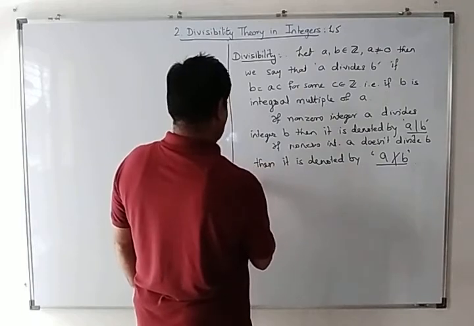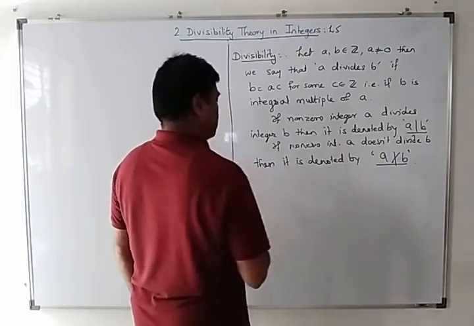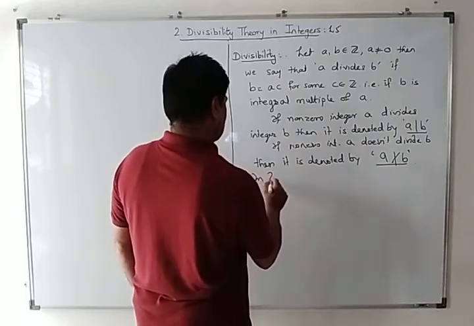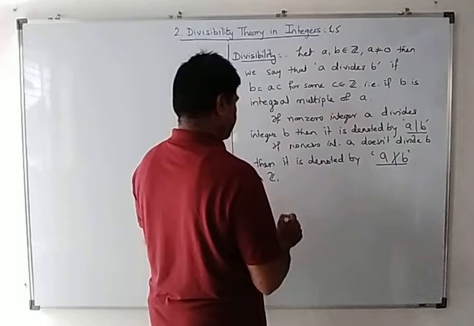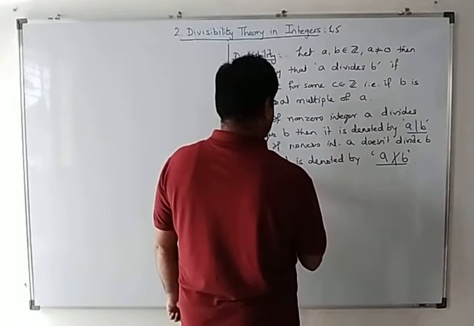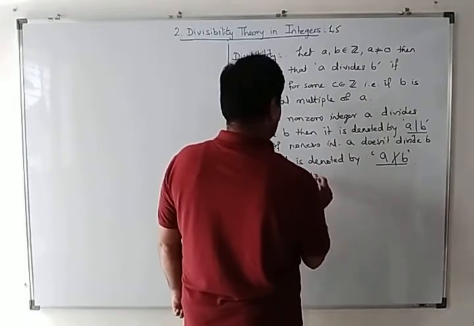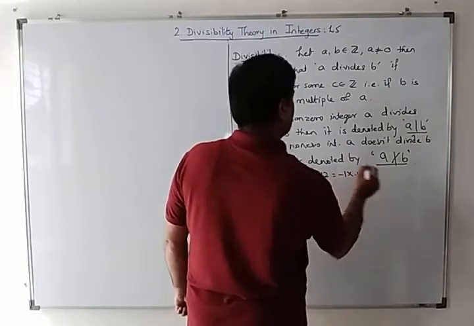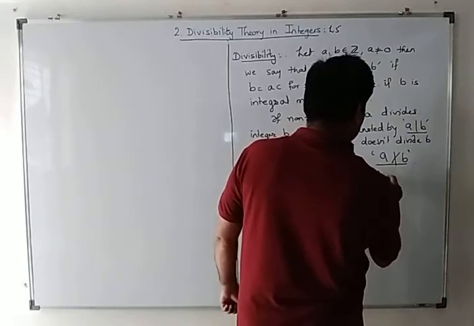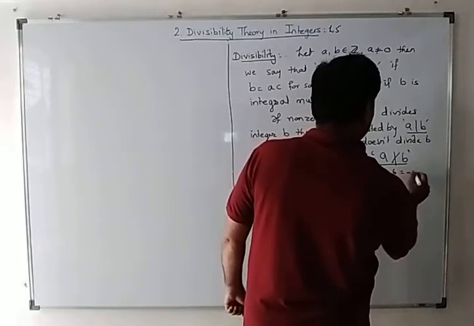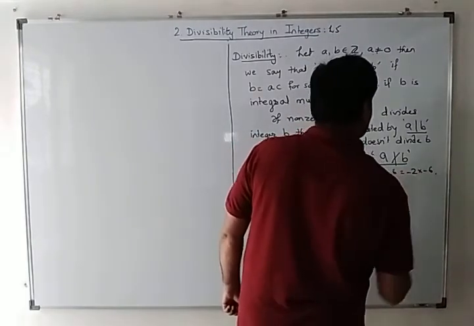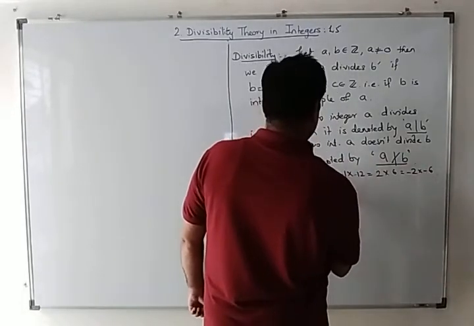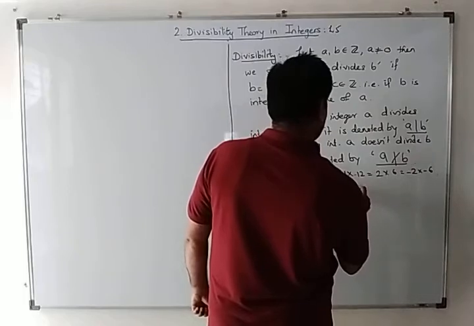Example, in Z I can write 12 as 1 into 12 is equal to minus 1 into minus 12. I can write it as 2 into 6 is equal to minus 2 into minus 6 is equal to 3 into 4 is equal to minus 3 into minus 4.